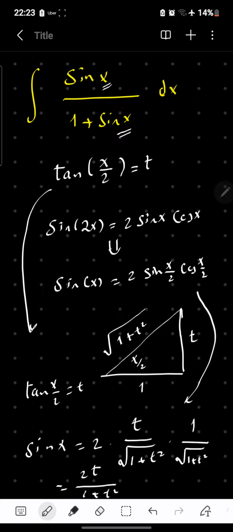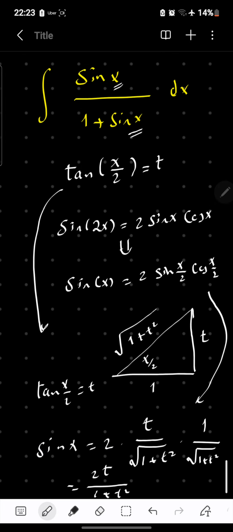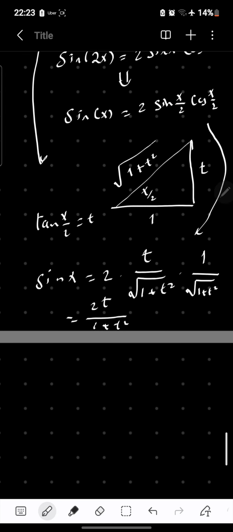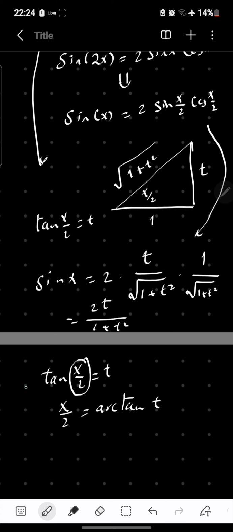Okay, let's write our integral in its new form. But before writing the integral in terms of t, we have tangent x over 2 equal to t. We should differentiate both sides. Now x over 2 is arctangent t. If we solve for x over 2, we can write it as arctangent t.